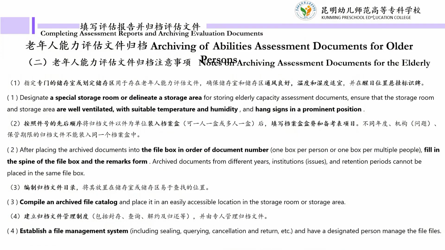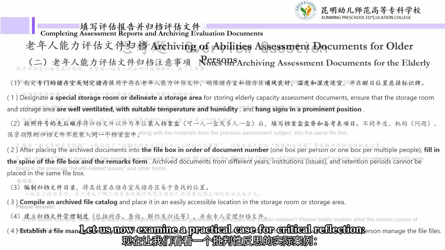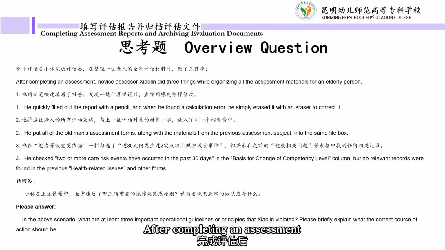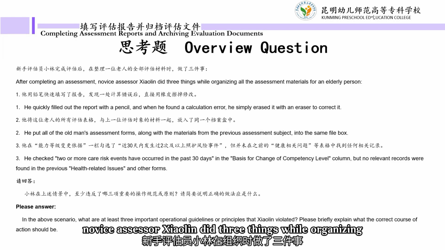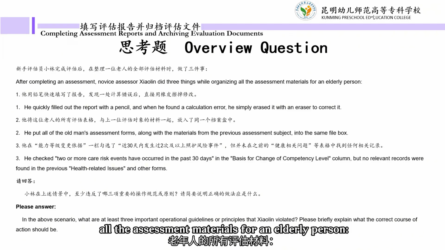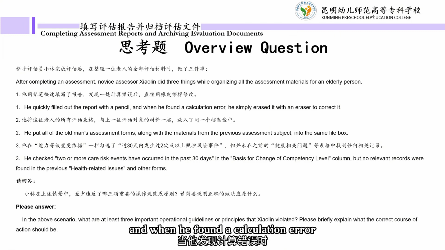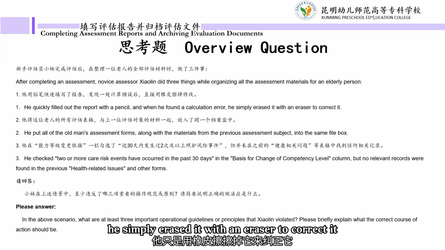Let us now examine a practical case for critical reflection. After completing an assessment, novice assessor Xiaolin did three things while organizing all the assessment materials for an elderly person. First, he quickly filled out the report with a pencil, and when he found a calculation error, he simply erased it with an eraser to correct it.